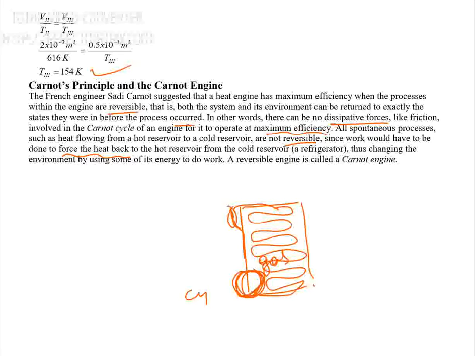And always, as you know, the back of the refrigerator is hot because the heat inside the refrigerator is extracted and exhausted in the back part of the refrigerator. Therefore, this process is by Carnot engine.